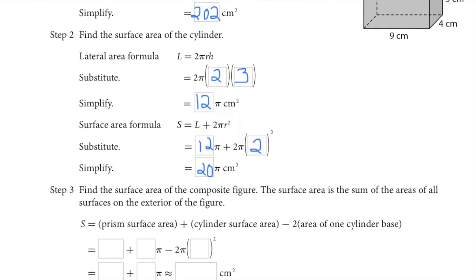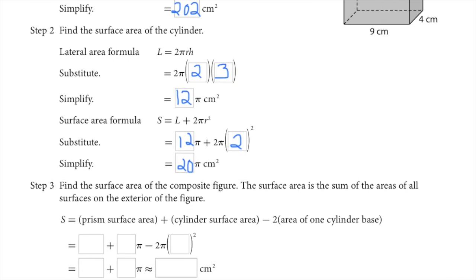And again, now comes the part where we figure out what we need to add, what we need to subtract here. The surface area is the sum of all the areas of the surfaces on the exterior of the figure. We're going to take the prism, on top of which is stacked the cylinder. So if we put those two surface areas together, I hope that you can see the covered up part is the area of one cylinder base twice.